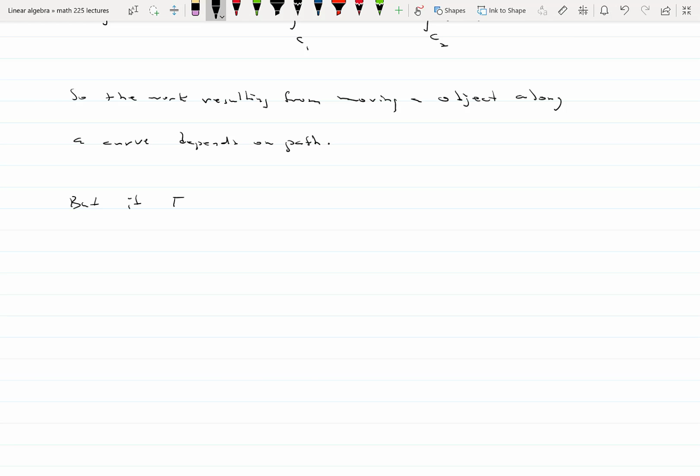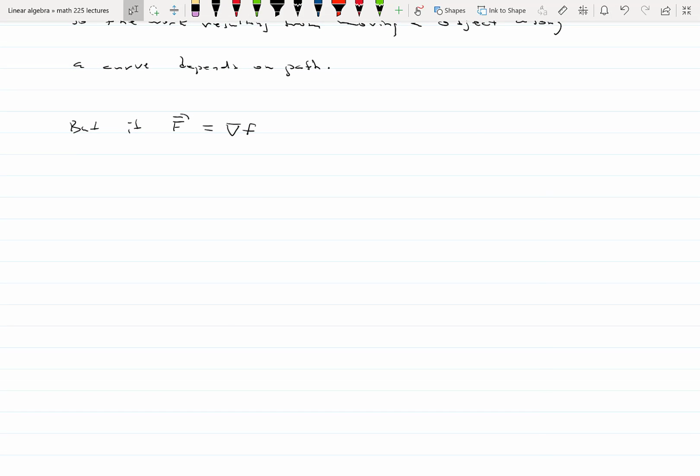But if my forcing function, my force field, or it doesn't have to be force, let's just call it a force field, but if my force field F is equal to the gradient of some potential function, then what does that mean?